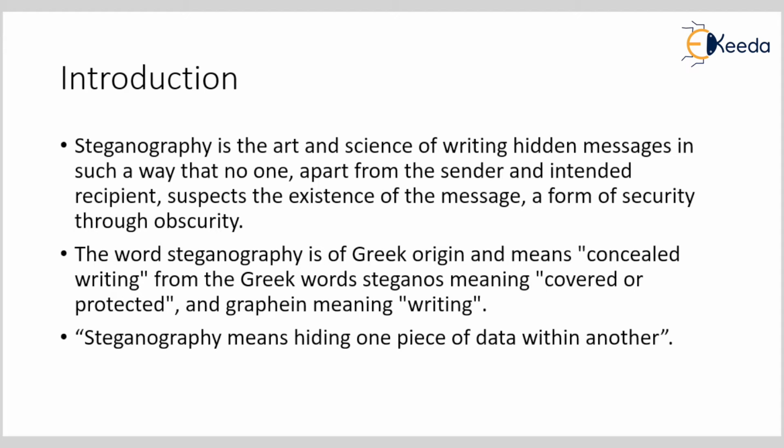In simple words, we can define it as the art and science of hiding information by embedding it in some other type of data. That means we just hide our data within some other information before sending it to the receiver.